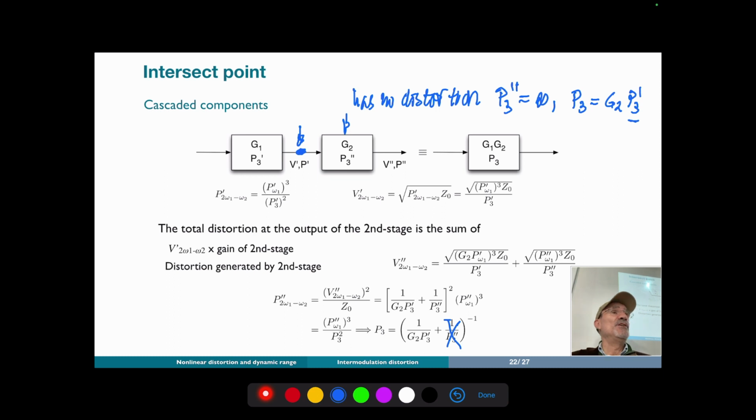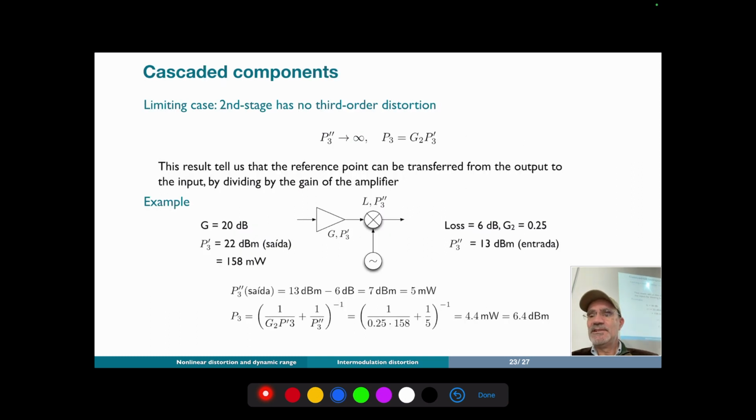And so if we have a device where the third order intersect point is referred to the input, to refer it to the output, we just need to multiply by the gain, or the other way around. If we have the P3 referred to the output and we want to refer it to the input, we need to divide it by the gain. Okay? So that's the way we have to do it.